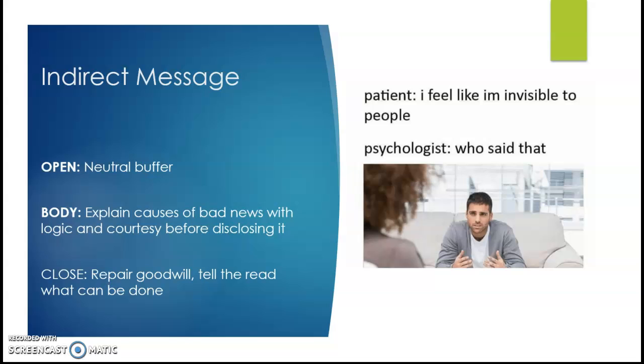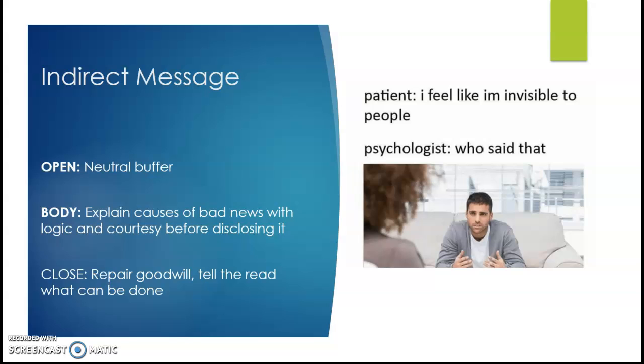When we send an indirect message, we have the same three components. We have open, body, close. Now, I will give you a sample indirect message in a moment here, but let's first identify what each of these pieces are. The opening is a neutral buffer.